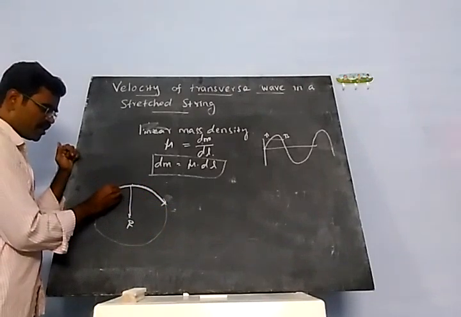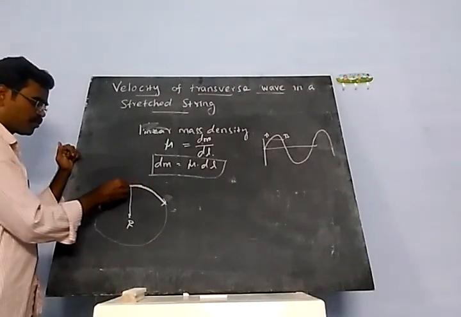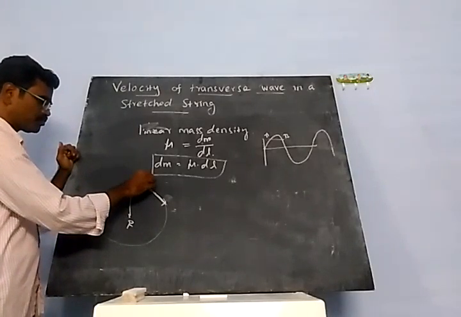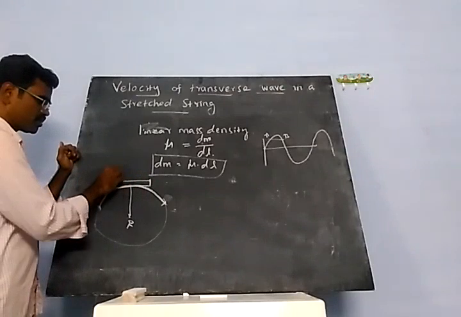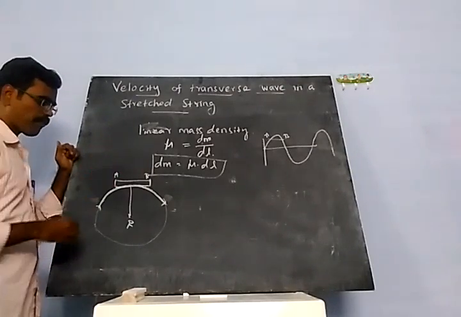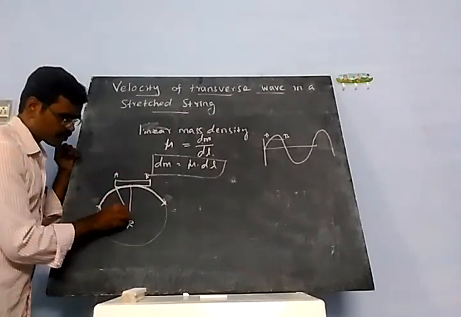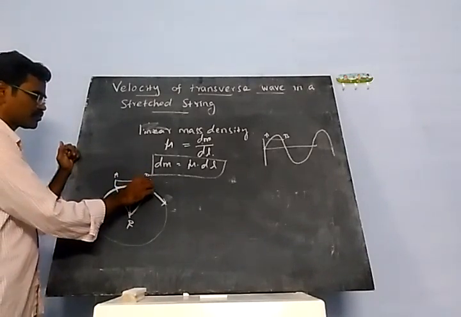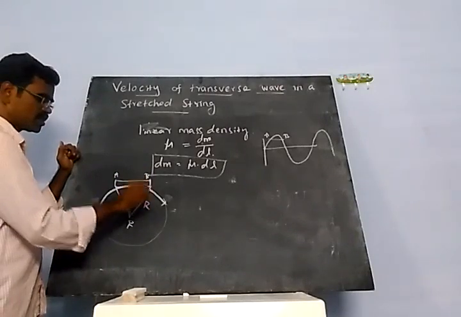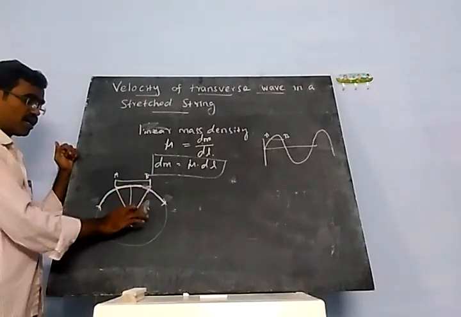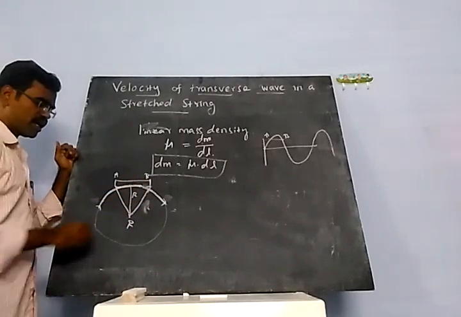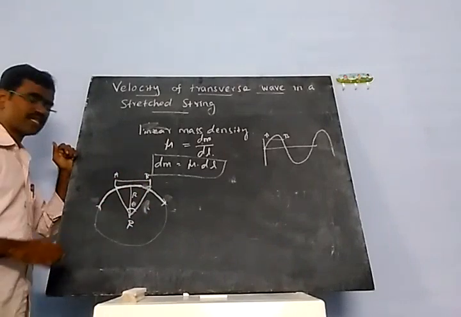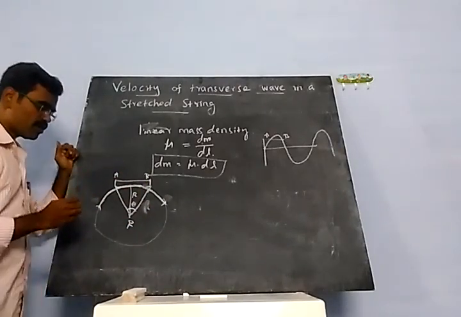Now this will be a straight line. I will take this segment from this point, A and B. Now joining this point, this is the radius R, and it makes an angle theta.